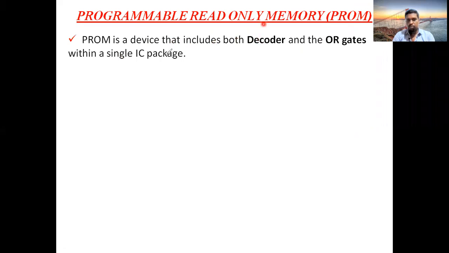Whenever you find the concept of PROM, you should remember that PROM is the combination of a decoder plus OR gates. The output lines of the decoder will be connected to the OR gates with the help of fuses.